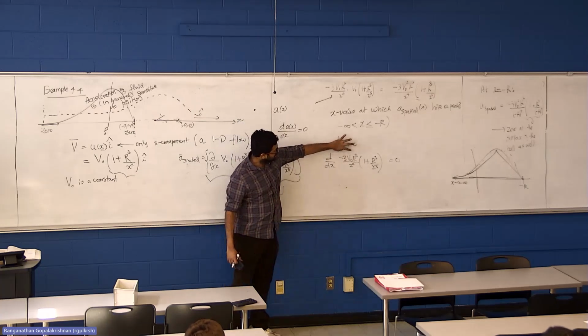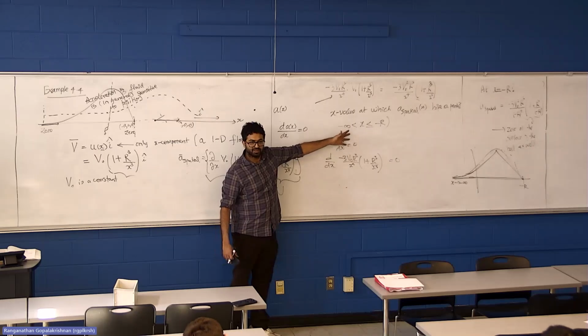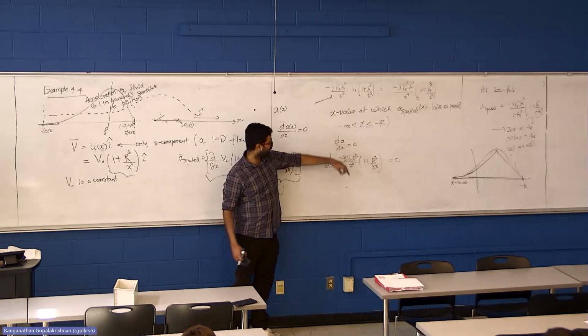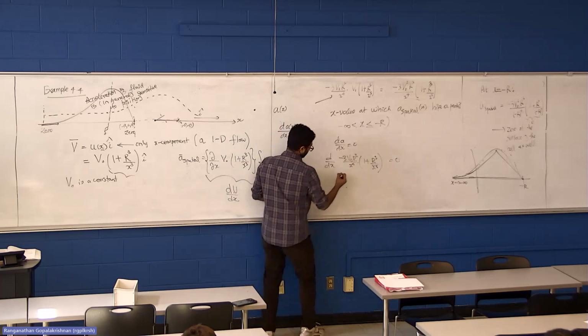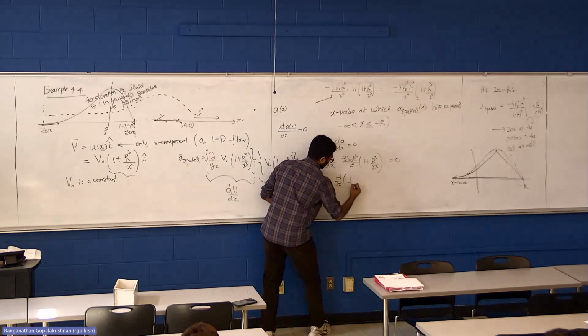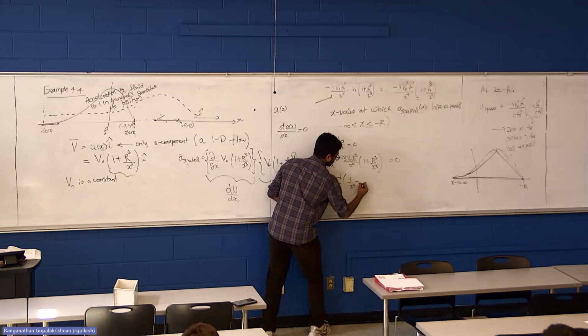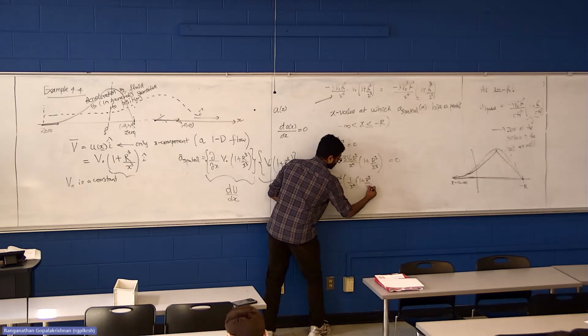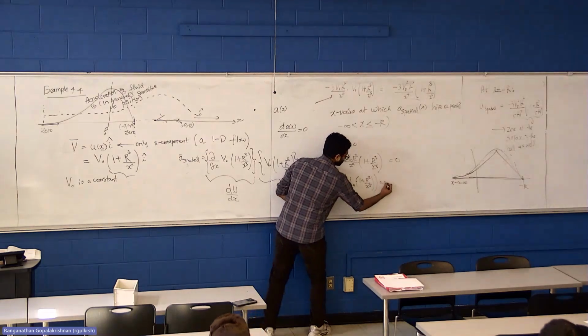3 v naught r cube, are they relevant? They're not, they are constants, right? So in this calculation, we don't have to worry about them. So it's like writing the derivative of 1 over x to the 4th times 1 plus r cube over x cube equal to 0.